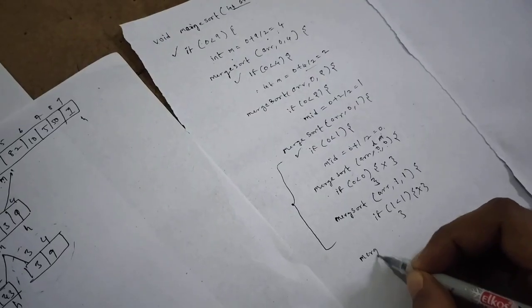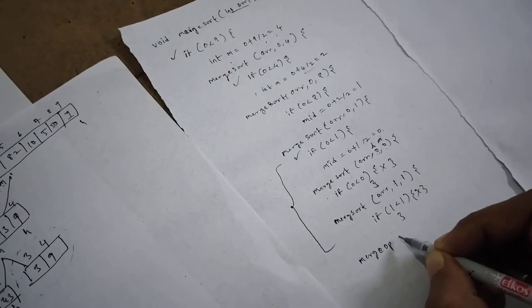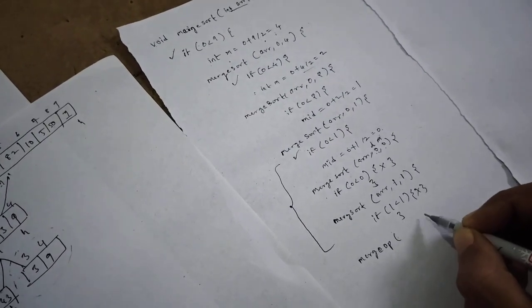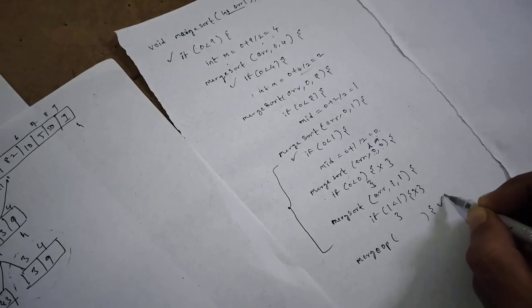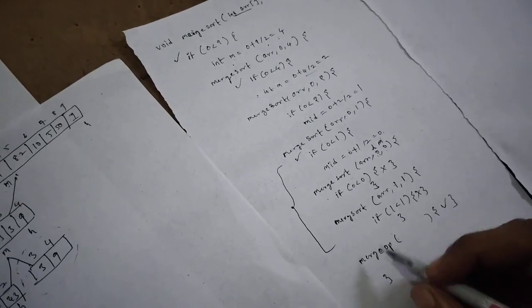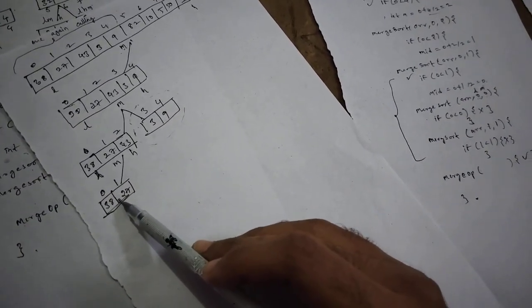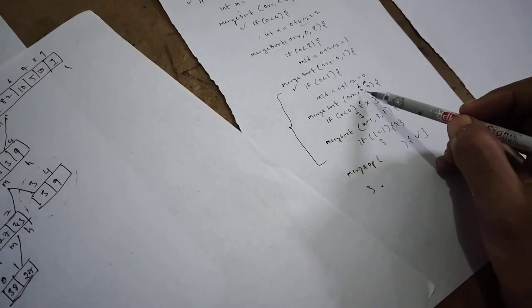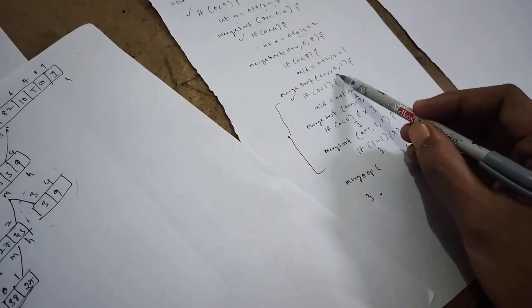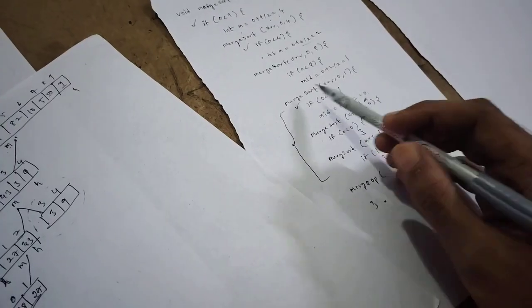Here the merge operation will be executed. We will see later. Then here we want to merge this array, because the function is 0, 1.